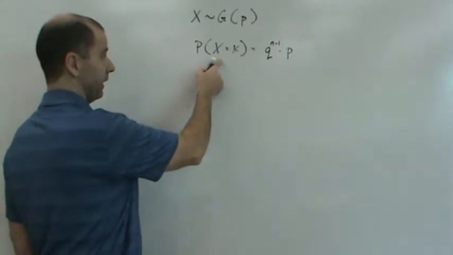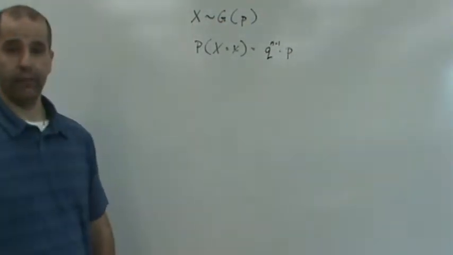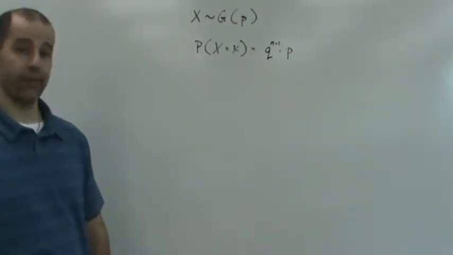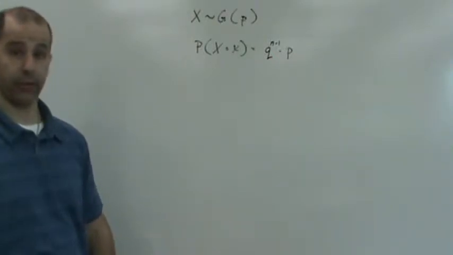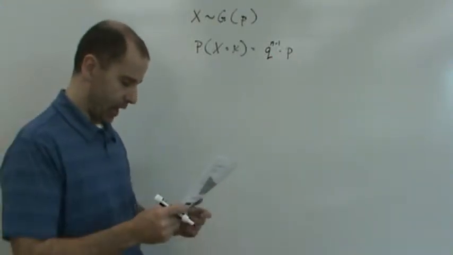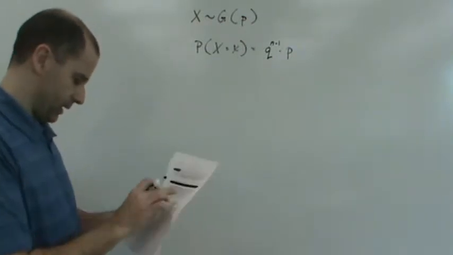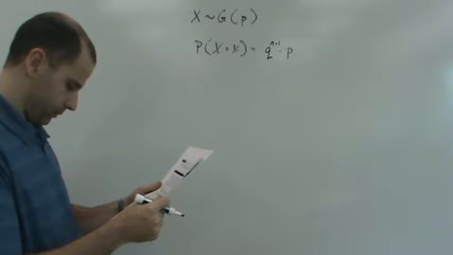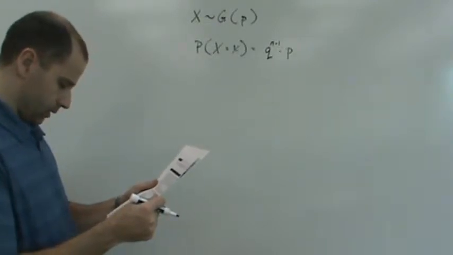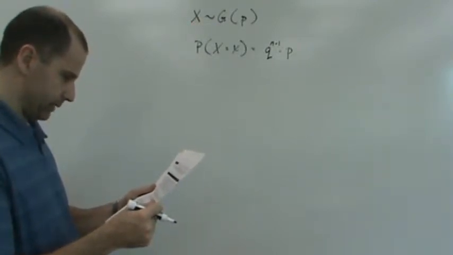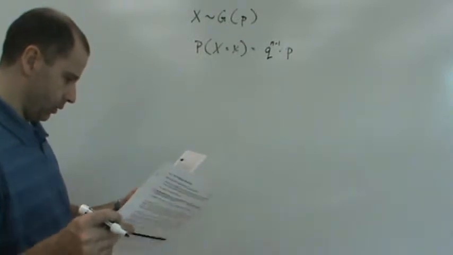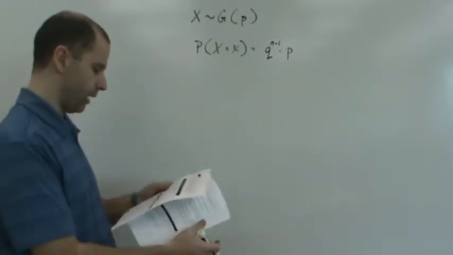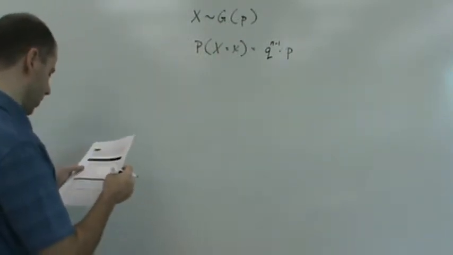That is the probability of X equal to any specific value of X of a geometric distribution, geometric experiment. So now, here are the other notations you need to know.